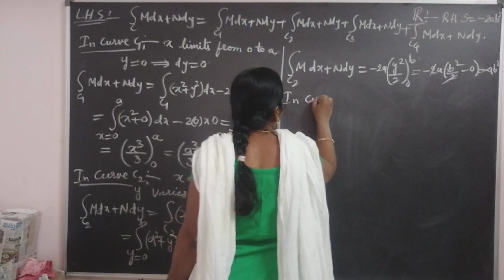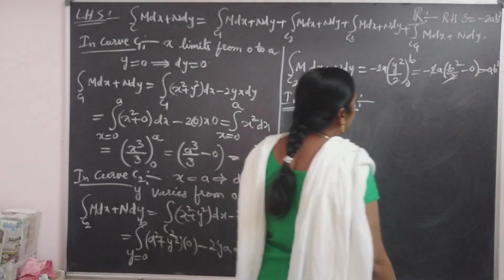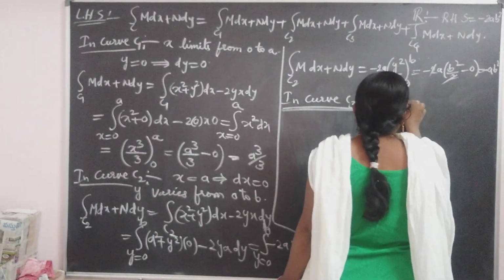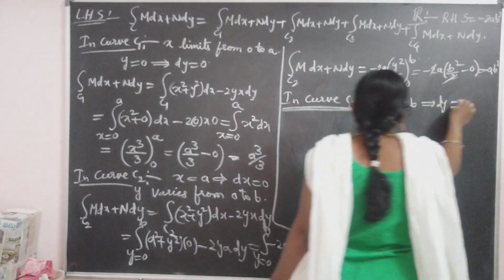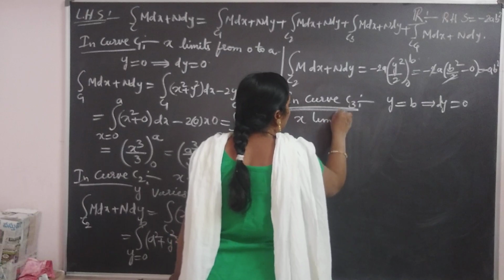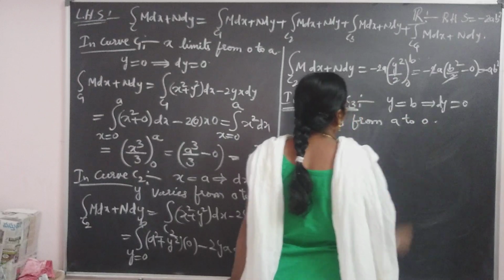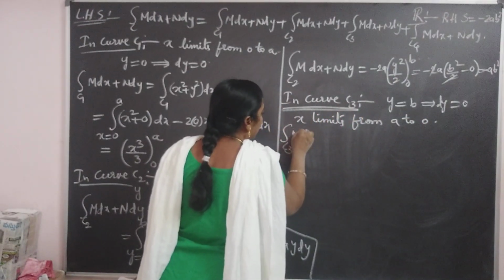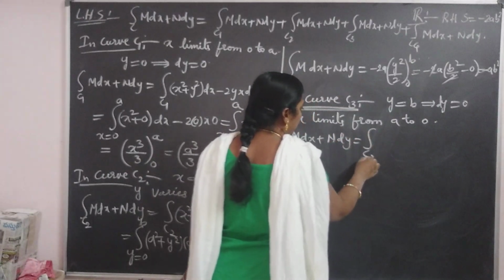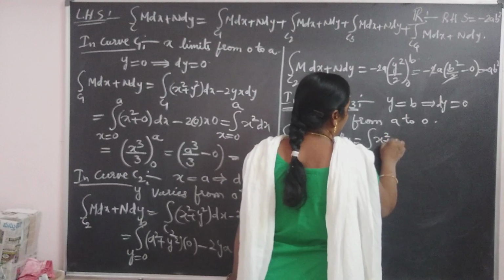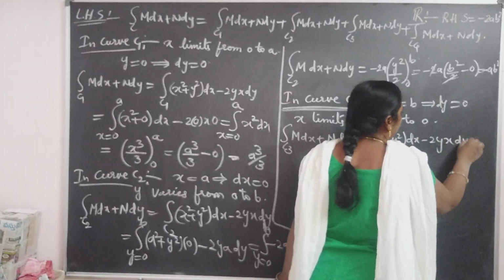Next, in curve C3, y is equal to b, a constant, then dy is equal to 0, and x limits from a to 0. Then the integral over C3 of m dx plus n dy is equal to the integral over C3 of x square plus y square into dx minus 2yx dy.